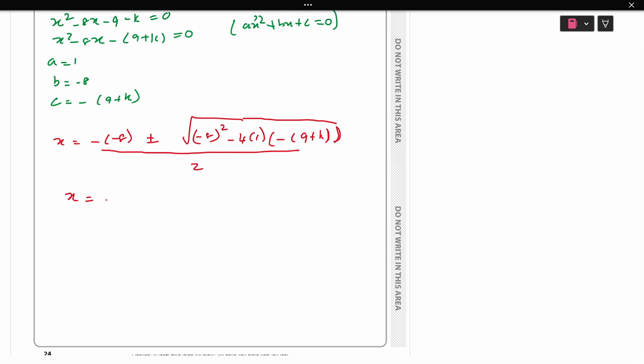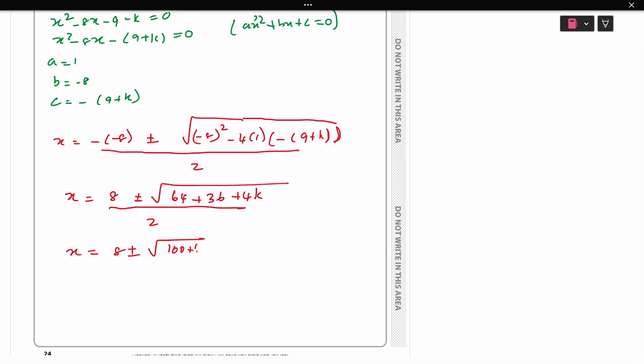So x equals 8 plus or minus the square root of 64, and minus of minus is plus, 4 times 9 is 36, so 36 plus 4k, over 2. So x equals 8 plus or minus the square root of 100 plus 4k, over 2.